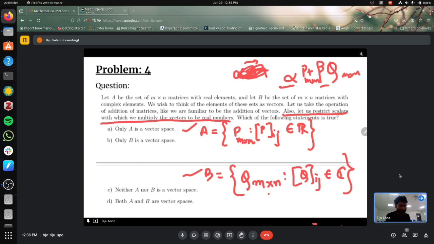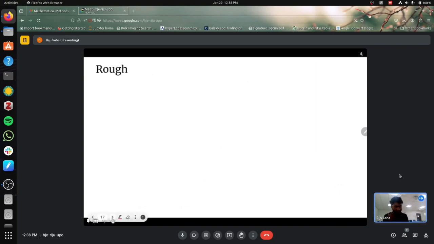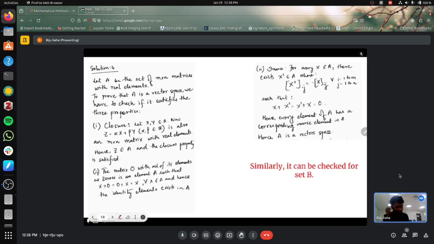The scalars with which we multiply have to be real. With that definition, let us go forward.